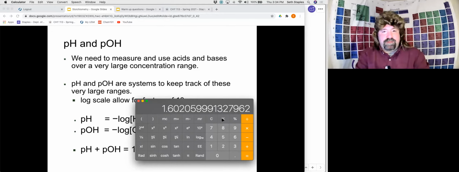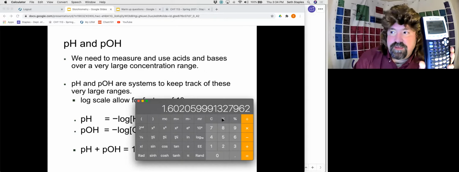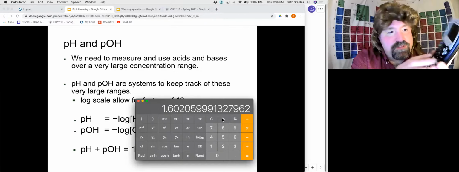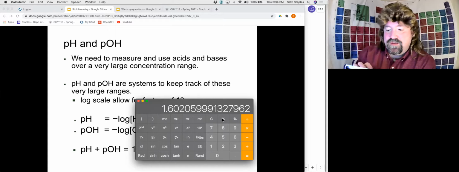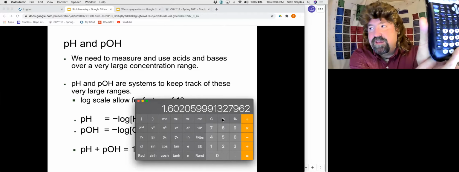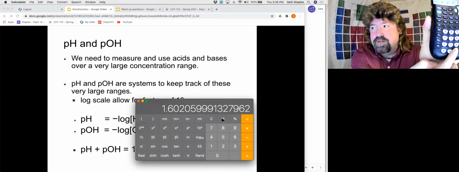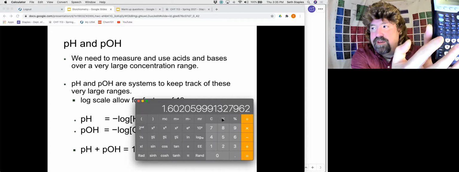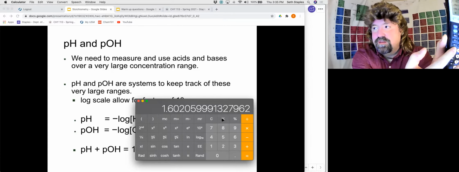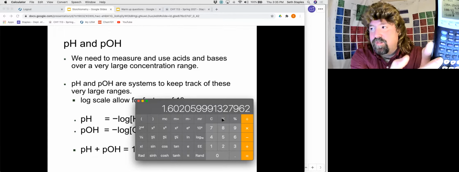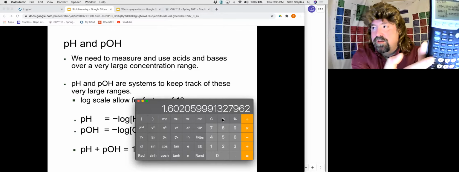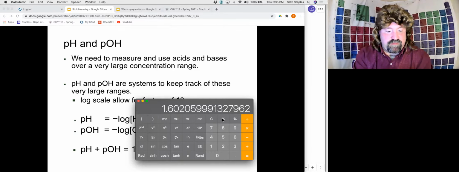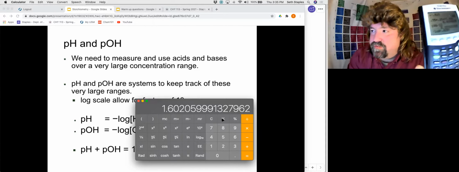If you have the TI type of calculator, something like this, what you would do is hit your negative key right there.